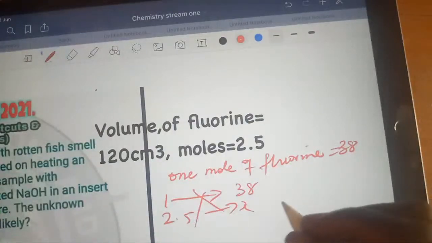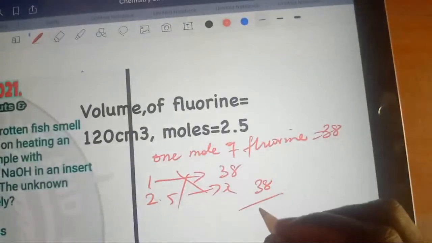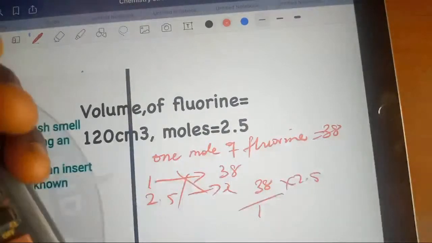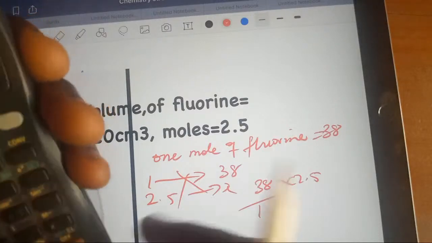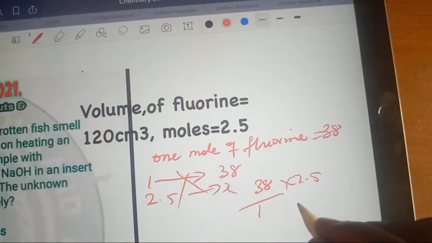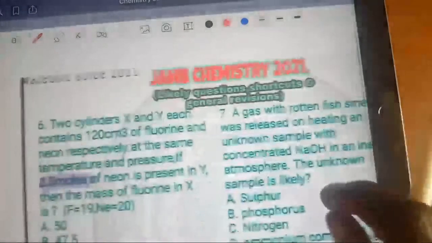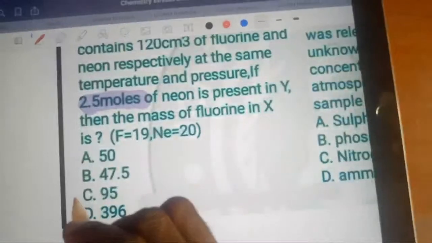So 2.5 will give you 38 over 1 times 2.5. So 38 times 2.5 is 95. So the answer is 95 grams. That's the mass. So bringing the question back, our correct answer is C. The correct answer is C.